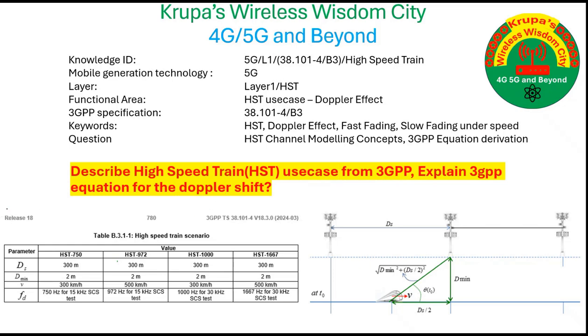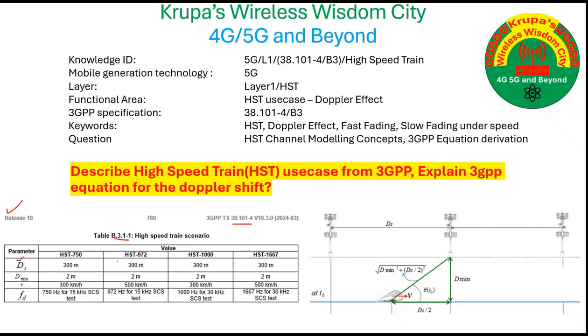This is my 3GPP snippet, Table B3-1-1 under 38.101-4. Let's go through the parameters governing the HST use cases. DS is the distance between two base stations.